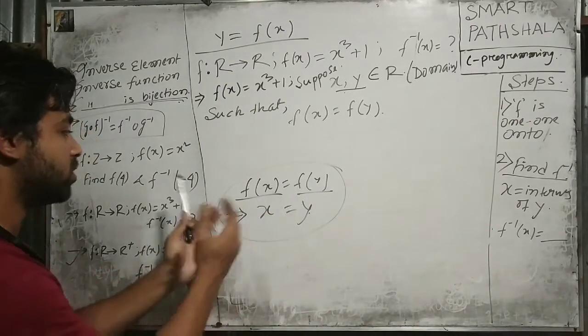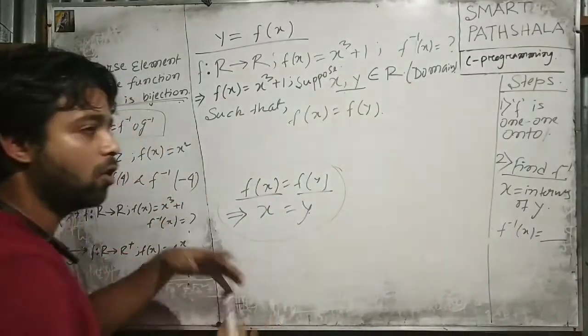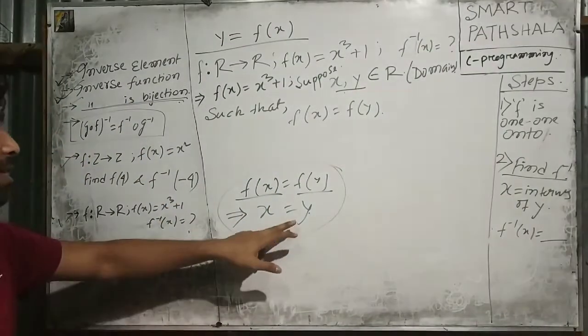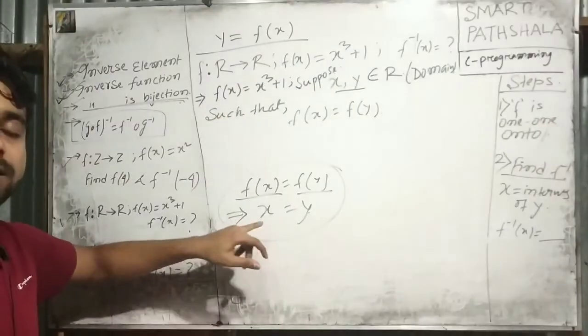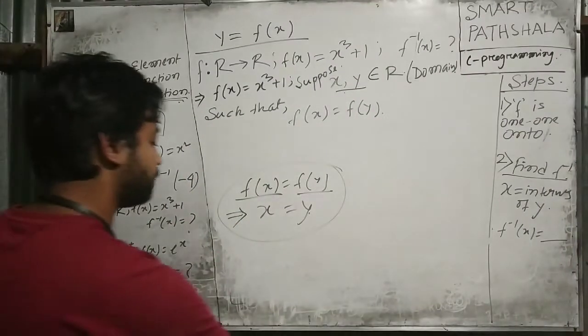Now if I equate these images, then obviously when I get the pre-images to be equal, this function is nothing but a 1-1 function.